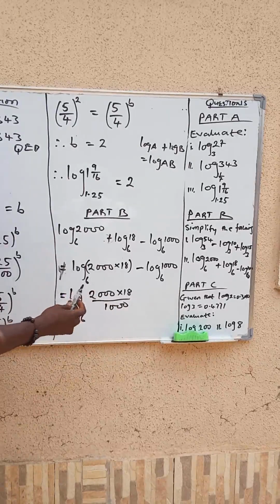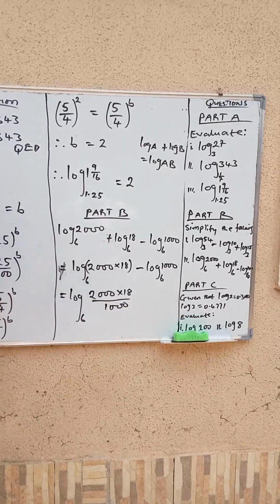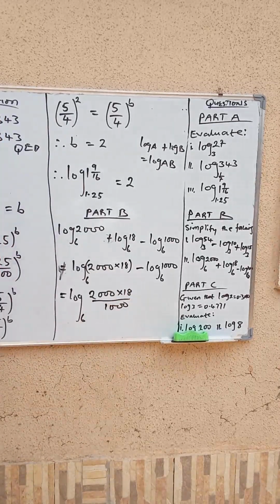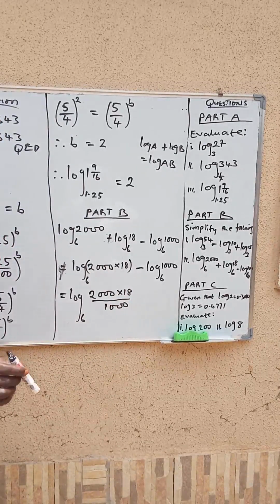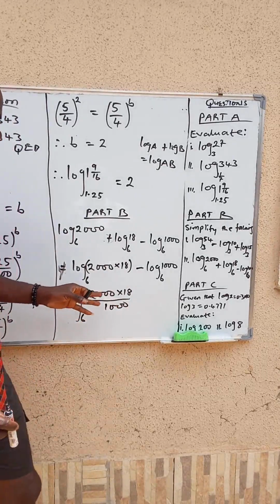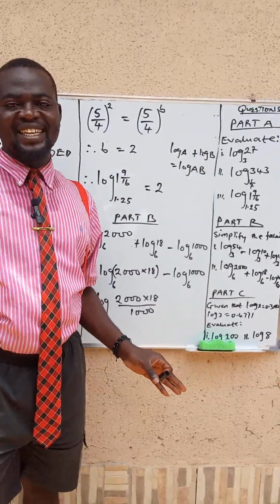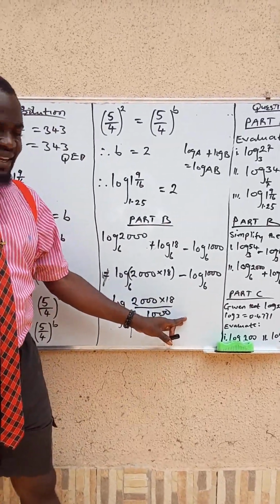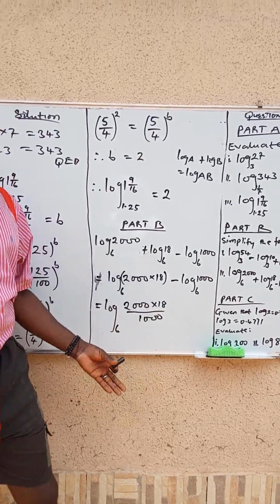Now what to do in mathematics? Since it's just one denominator and it's not plus, we're having 3 zeros here and 3 zeros up. You don't need to start multiplying until you say 2000 multiplied by 18 divided by 1000. No. Once you see zeros and there's no plus down, you just cancel the zeros.